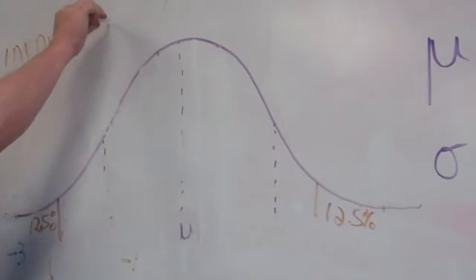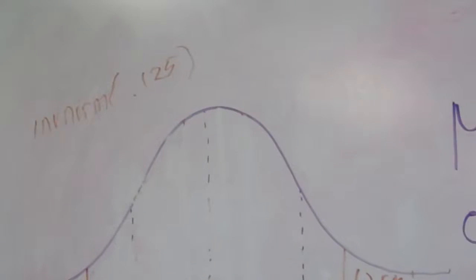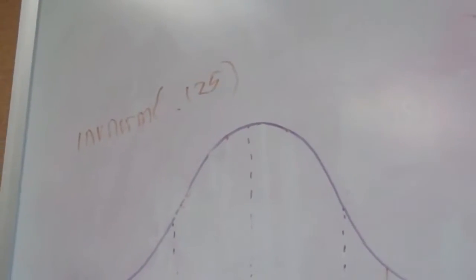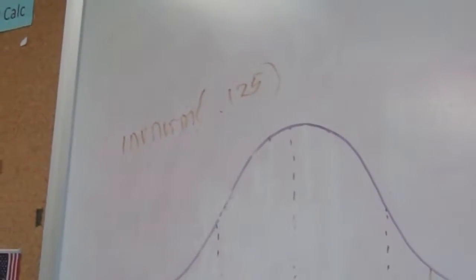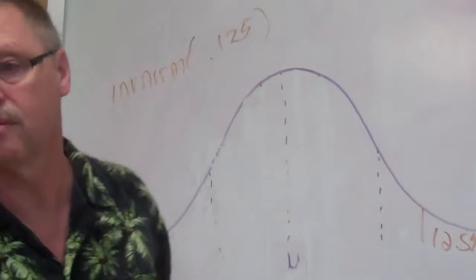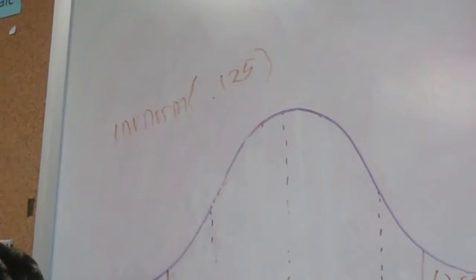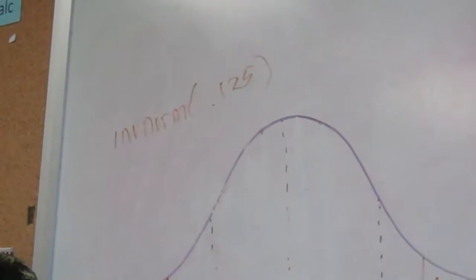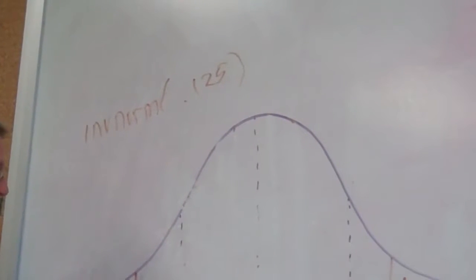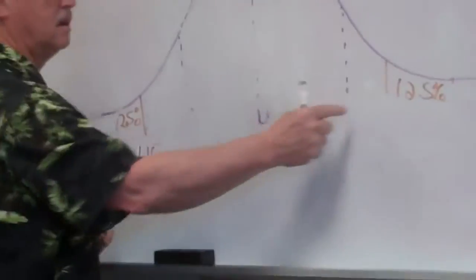I think I'm going to put 0.125 there, and then it will give me the correct z-score for that. What does it give you? 1.15? Negative? Negative. Yeah.